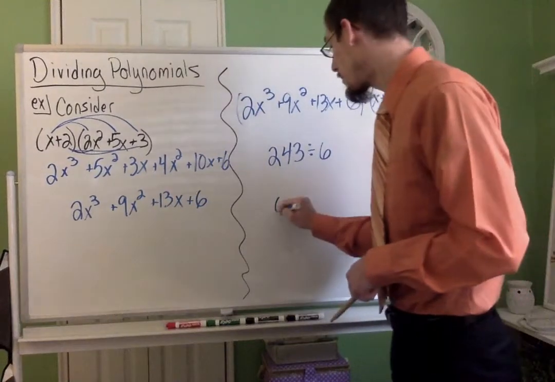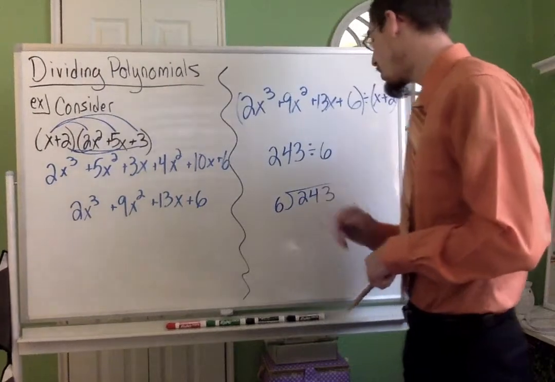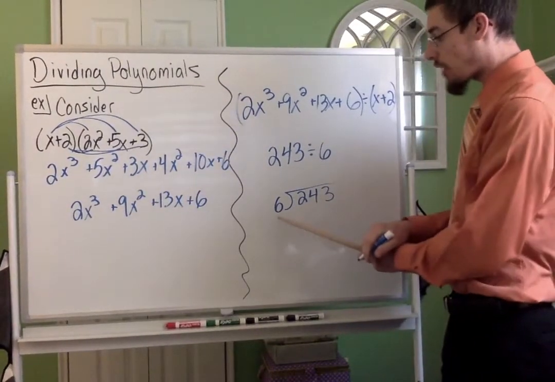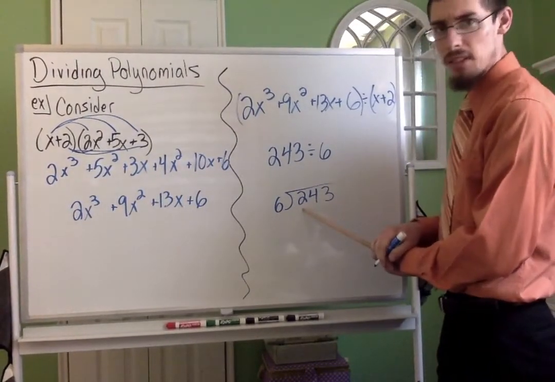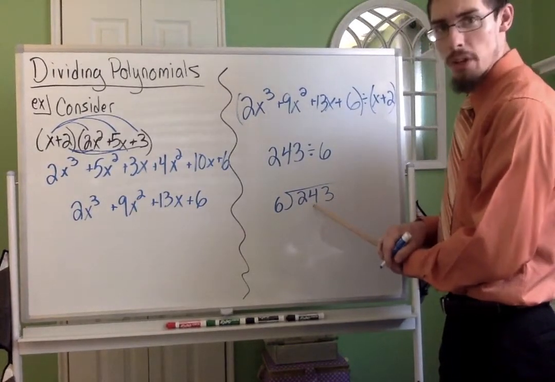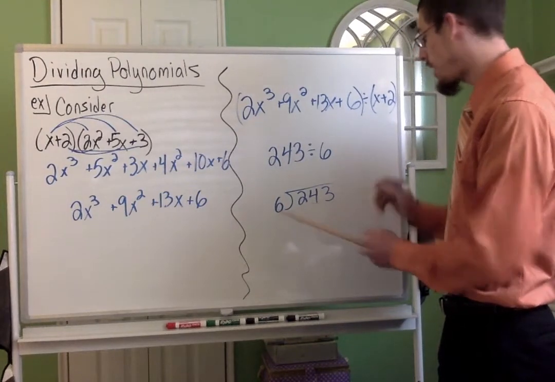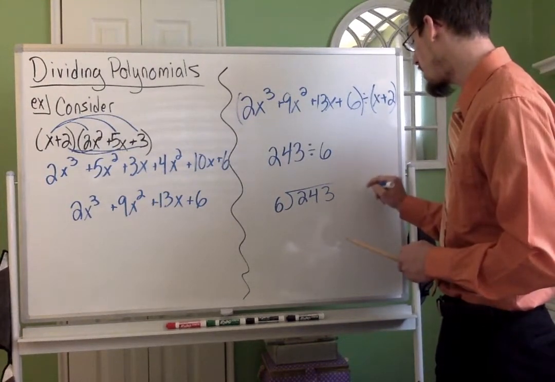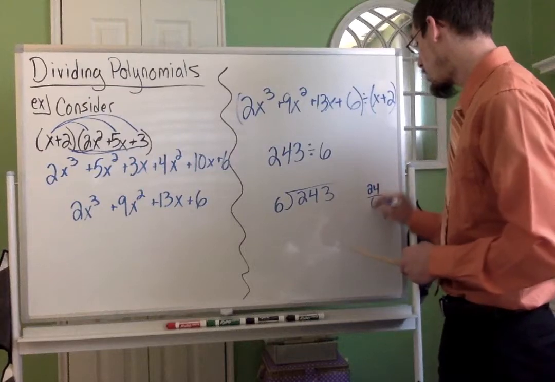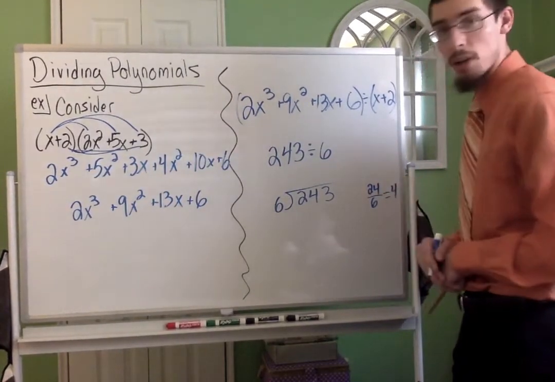Again, 6 into 243. So I try 6, does not go into 2. 6 does go into 24 though, right? So I take 24 divided by 6. I'm going to do that off to the side. 24 divided by 6 is 4.